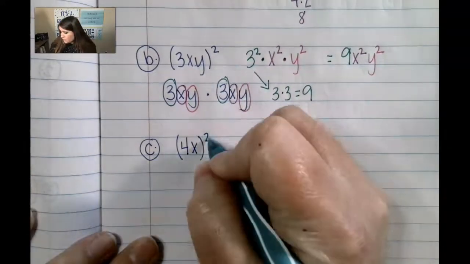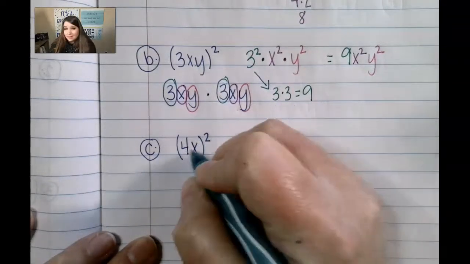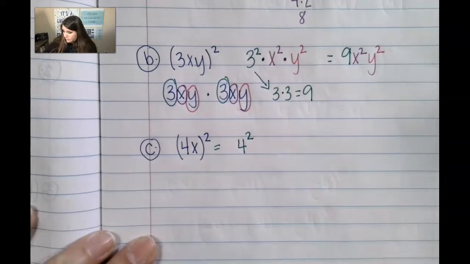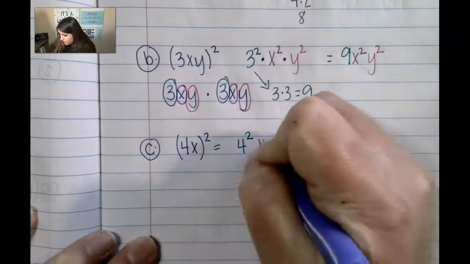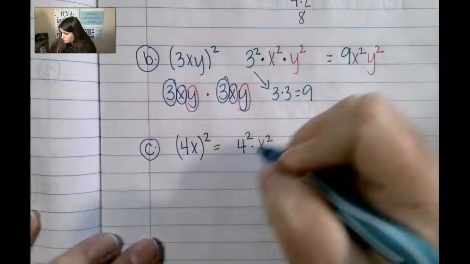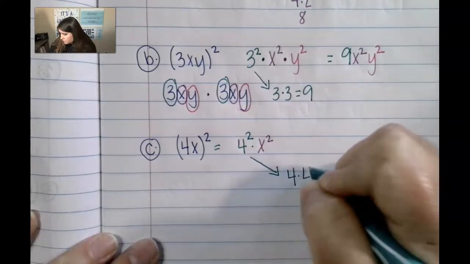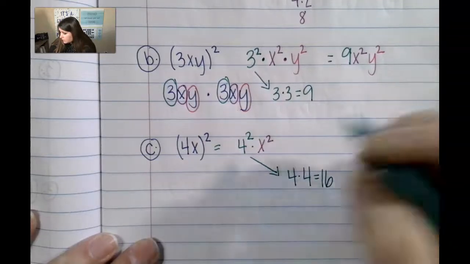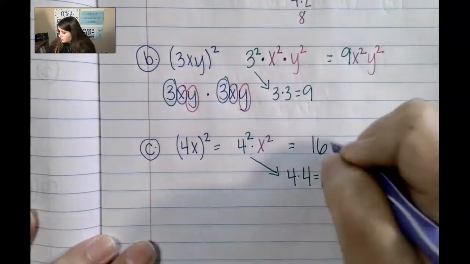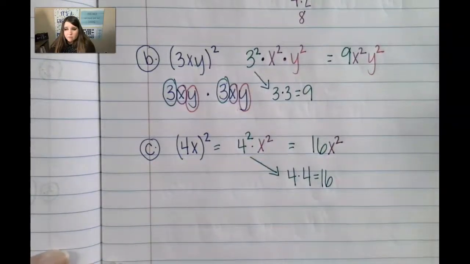Again, all we're doing is distributing this exponent to each thing inside the parentheses. So I have 4 squared and I have x squared. I can now go ahead and simplify this 4 squared. 4 squared is the same as saying 4 times 4, which is 16. So when it's simplified, I have 16 times x squared. We don't know what x is, so we cannot solve that.